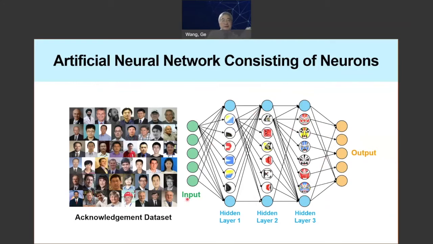Information processing will go from left to right, step by step, like a water flow. A so-called deep neural network is nothing but a network where the number of hidden layers is very large.